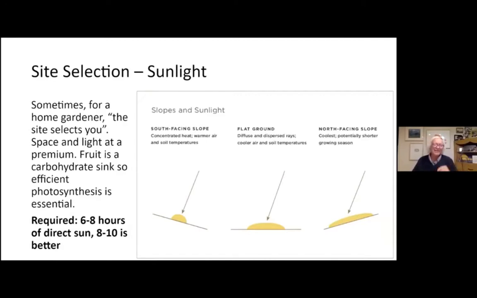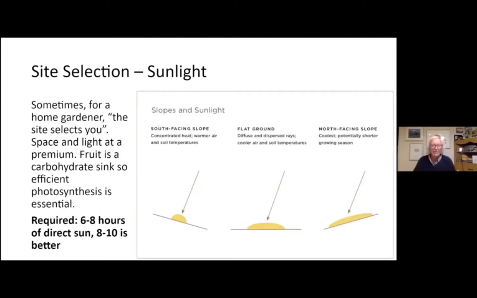You can see in this slide here, a depiction of how the sun strikes the ground, slope and flat ground. On a gentle slope, certainly under 8 degrees, maybe 2 to 4 degrees, a gentle south-facing slope, the sun will strike the ground almost or closer to 90 degrees, perpendicular, straight on, you might say.